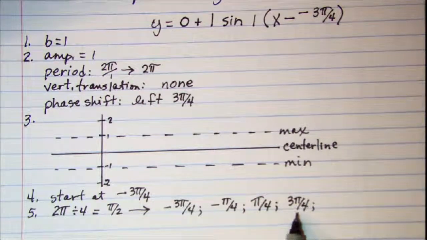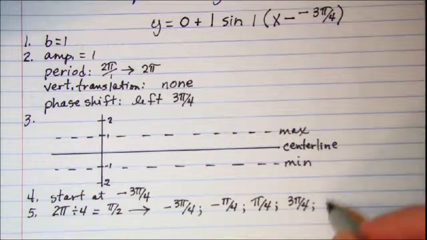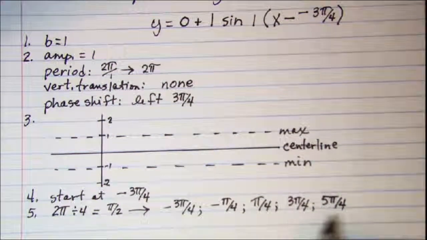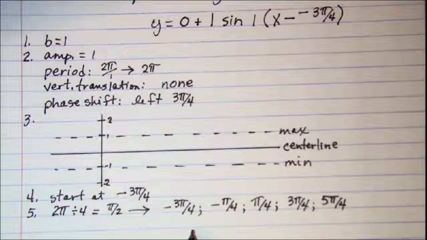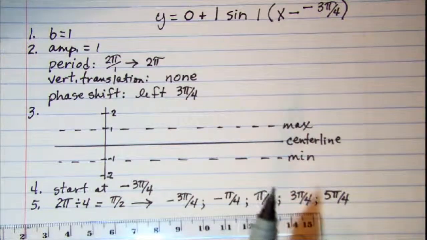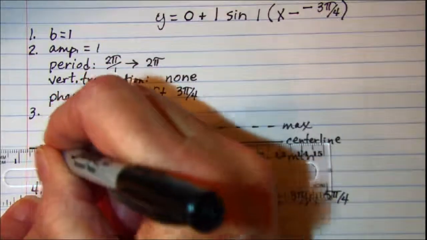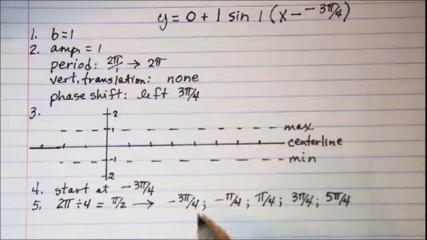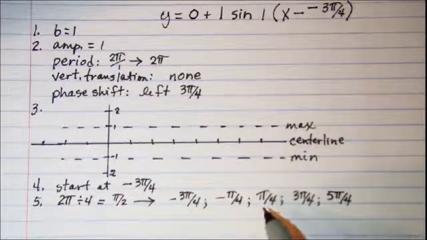And add pi over 2 to that, I have 5 pi over 4. Now these all have a common denominator, so I can go ahead and label my horizontal axis. I'll label it in fourths.